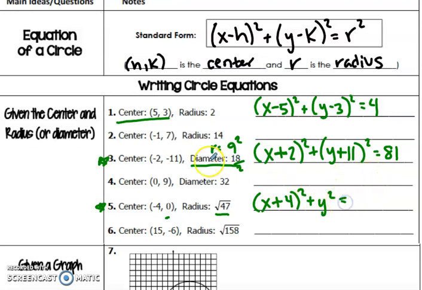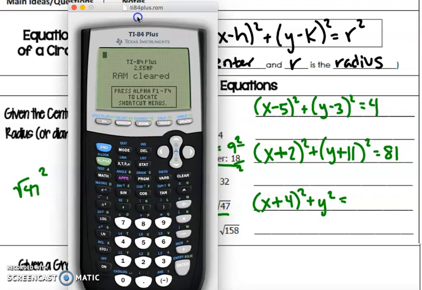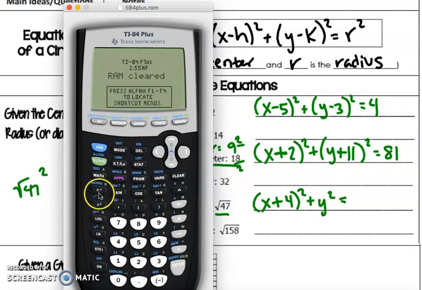And then equals. So let's take a look at this radius of the square root of 47. In all of these other problems, I had to square it. So I'm going to have to square the square root of 47. So let's take a look in the calculator and verify what happens. So if I get the square root button, second, x squared, 47.